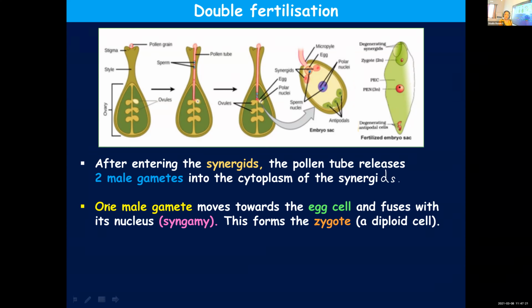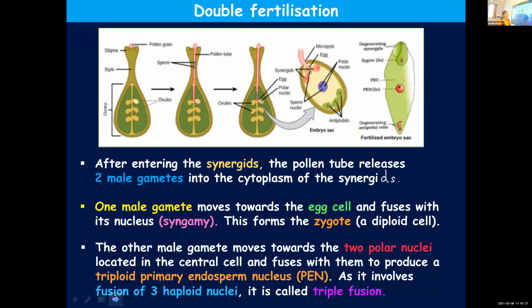You call the process syngamy. Whereas the other male gamete will move towards the polar nuclei, and fusion takes place and results in the formation of a triploid primary endosperm nucleus. You call this process triple fusion because here three haploid nuclei are getting fused.